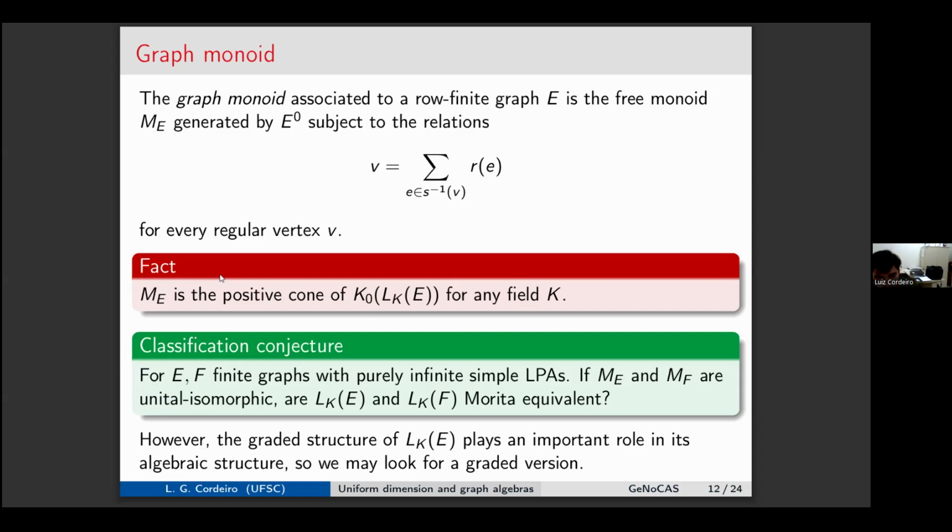But the map is not an isomorphism. It might not be injective. So, for example, M of the graph with one vertex and two loops is not zero, but its group completion is zero. That is right, assuming M_E is cancellative.